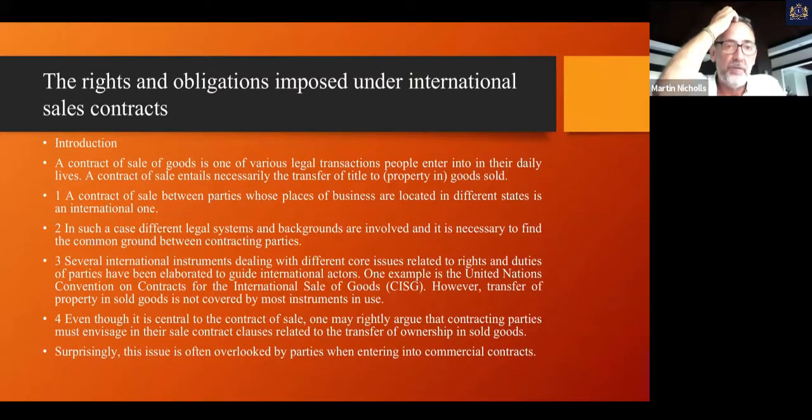So a contract for the sale of goods is one of the various legal transactions people enter into in their daily lives. A contract of sale entails necessarily the transfer of title to property in goods sold. Again, to go back, even when we go into a shop and say, I'll have a packet of biscuits, please, and we give the money, we have entered into a contract.